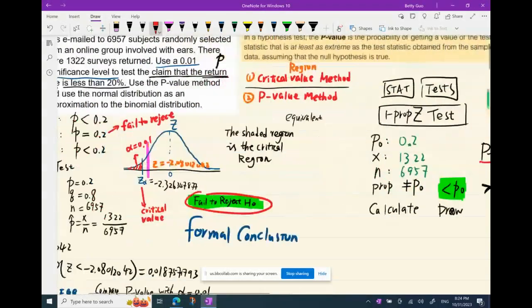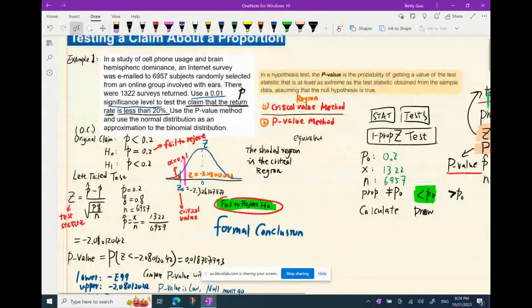All right, so that's the first example. I think I really got this done in detail. Start from the original claim, and then write our null and alternative hypotheses. Based on the alternative, determine whether it's a left tail or right tail test, right?